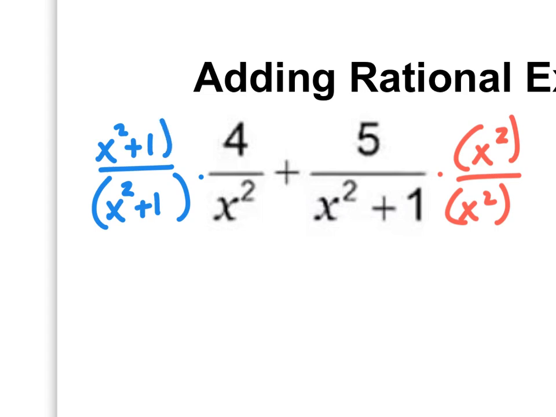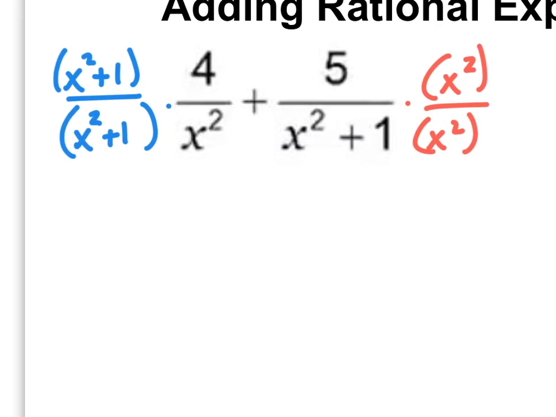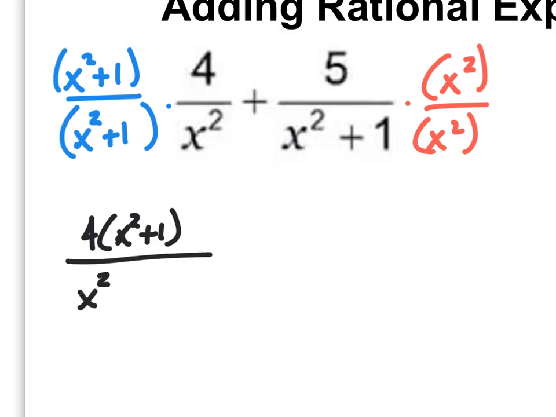Now what I'm going to do in my next step is just write it out. And let me do this. I'm going to do 4 times x squared plus 1 over x squared times x squared plus 1, and I'm just doing the math here, okay?